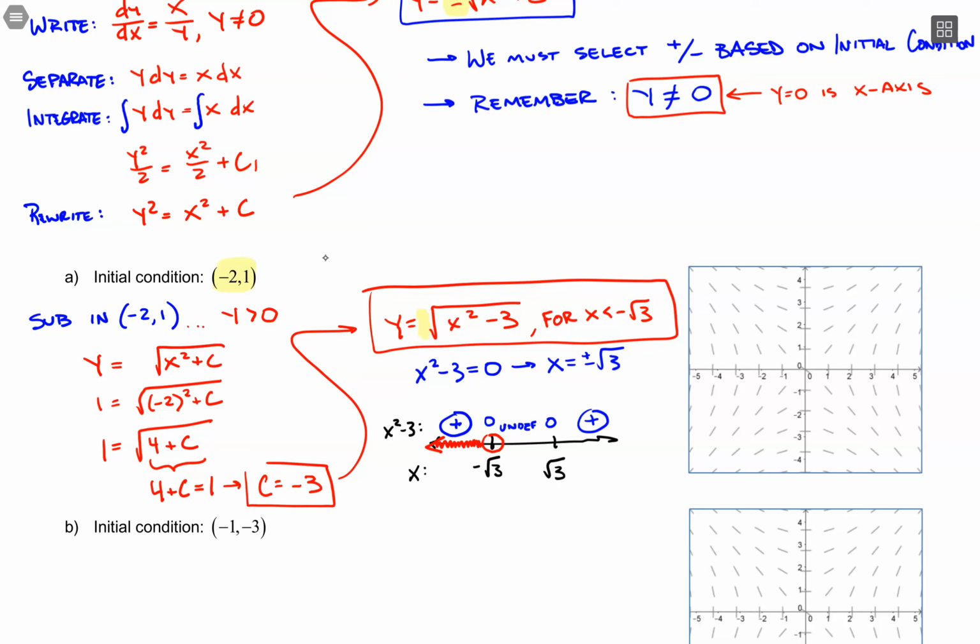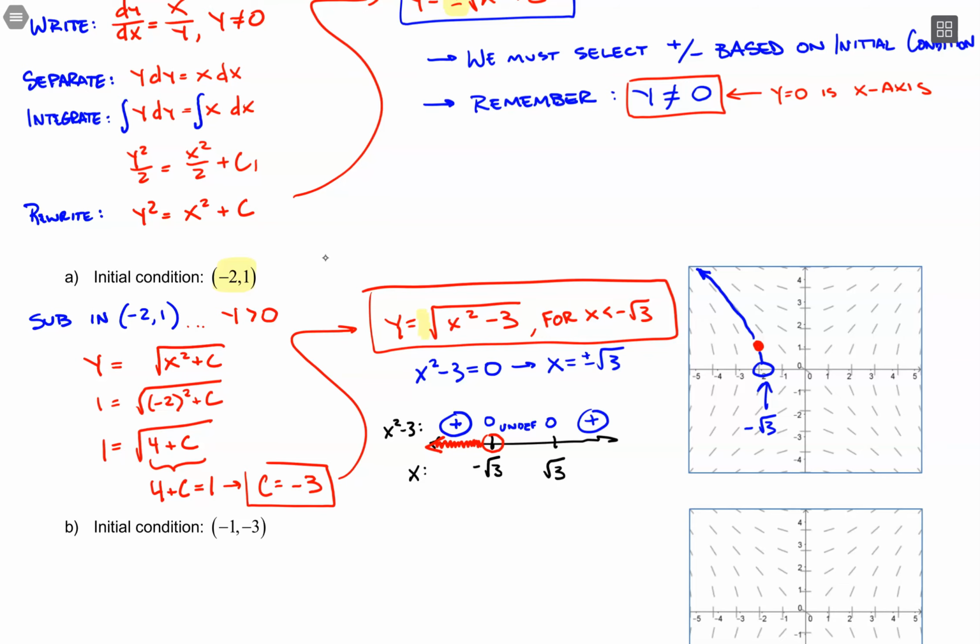Let's go ahead and graph it real quick. We've got the initial condition of -2, 1 right there. We're going to sketch through that point, not crossing the x-axis, and following the path of the slope field. There you have it. Notice I put an open circle there. That happens to be at -√3, which is about -1.7.